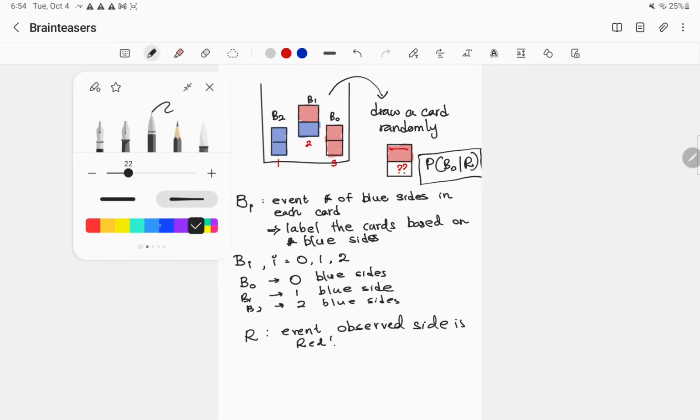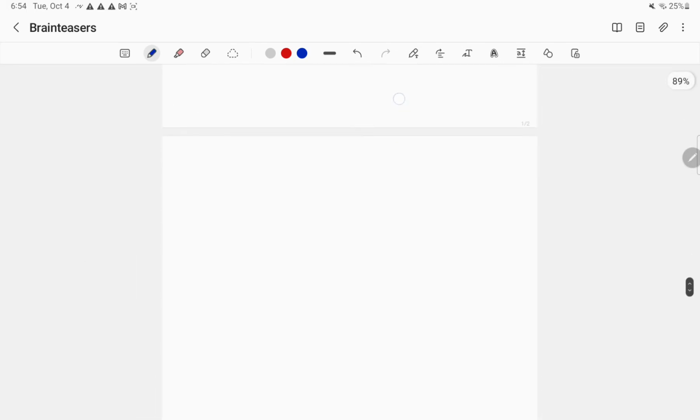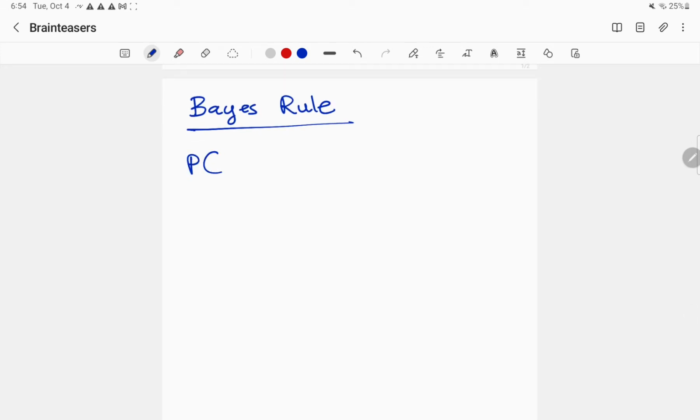So I'm going to write it here. Then next page. The general form of the Bayes rule. Let's take the probability of B given A. We write it using the joint distribution and the evidence.